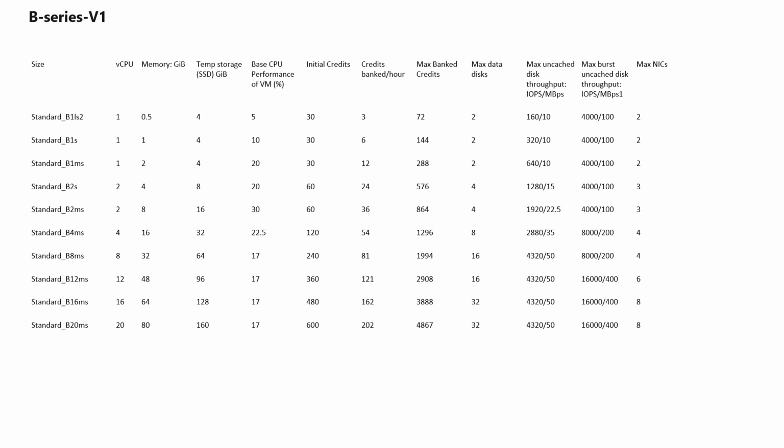When the VM has accumulated credits, it can burst above the baseline using up to 100% of the vCPU when your application requires higher CPU performance.